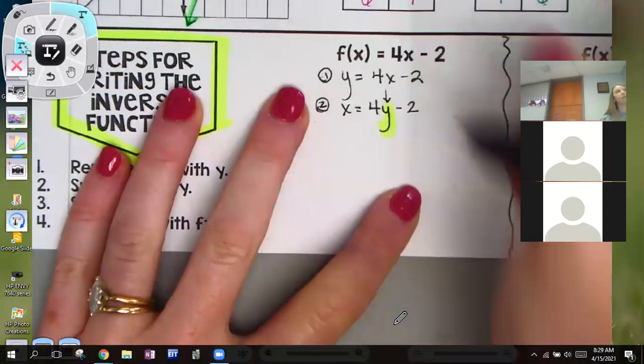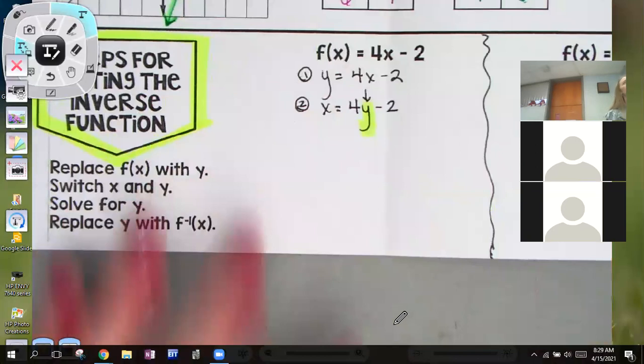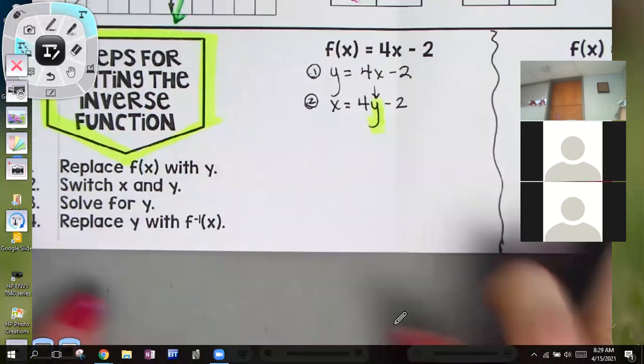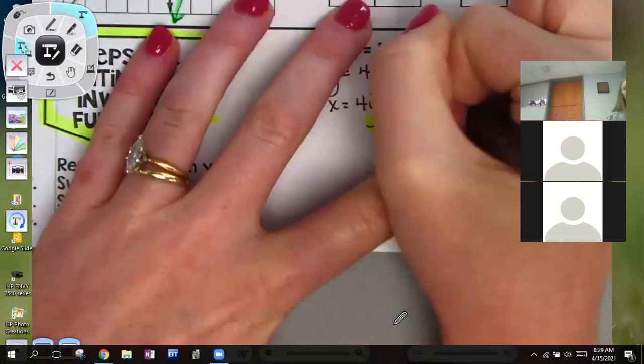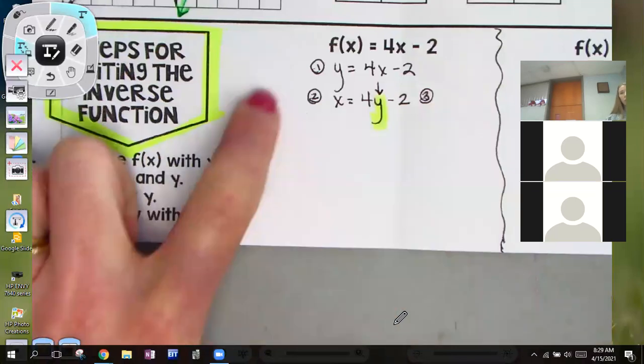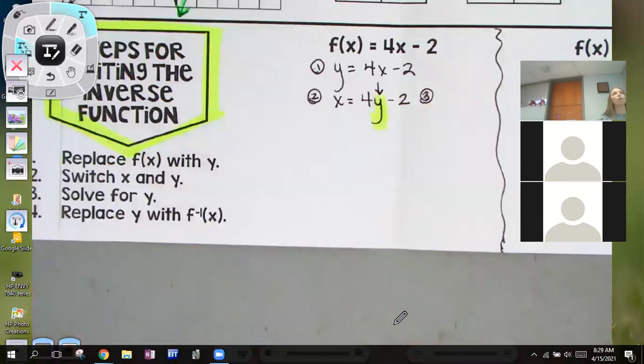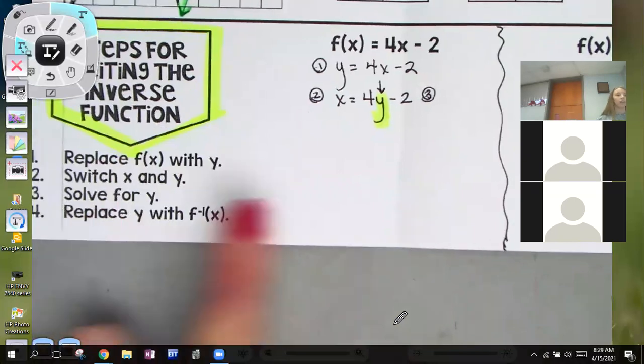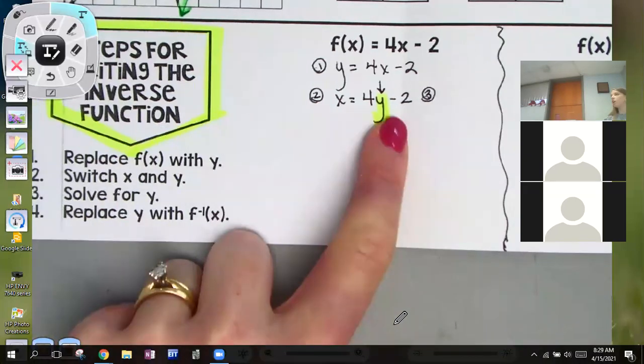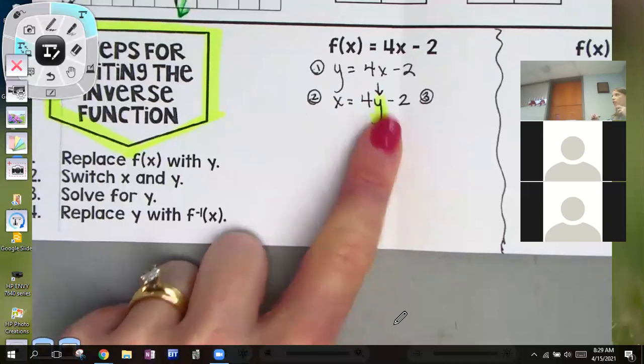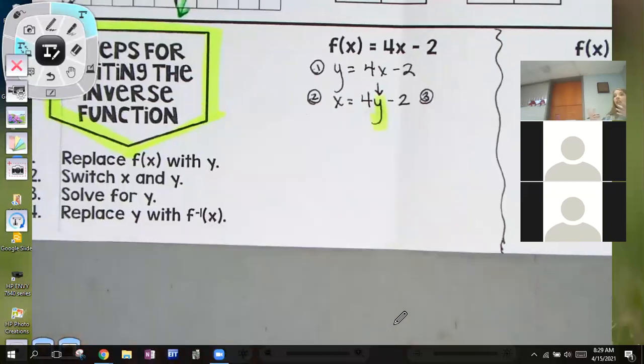Okay, so we're on step 3 now. You can see that's why I'm labeling these and circling them. Those are the steps. Step 3, we're solving for y. If I'm solving for y, what is the goal? To get it by itself.